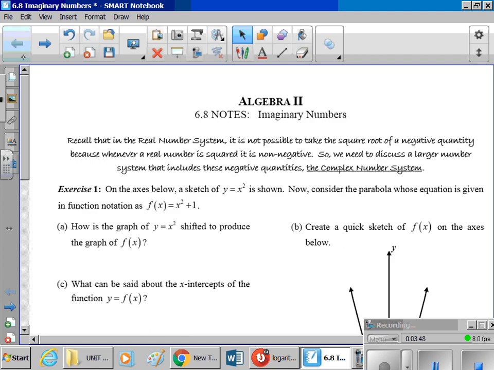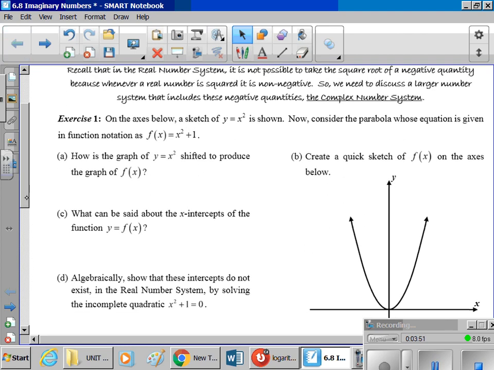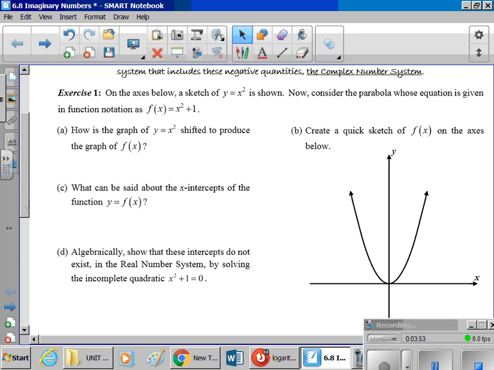Going back, in exercise 1, on the axis below, we have a sketch of y equals x squared. That's this one right here. Now think about this function, f of x equals x squared plus 1. How is the graph of y equals x squared shifted to produce the graph of y equals f of x?